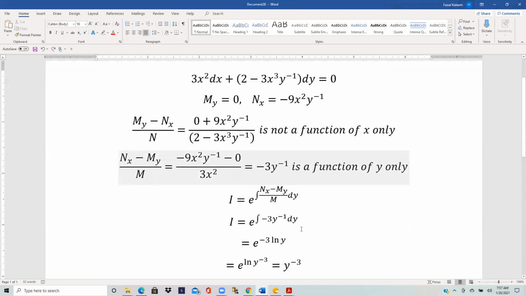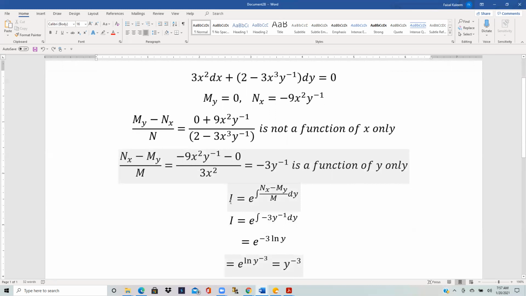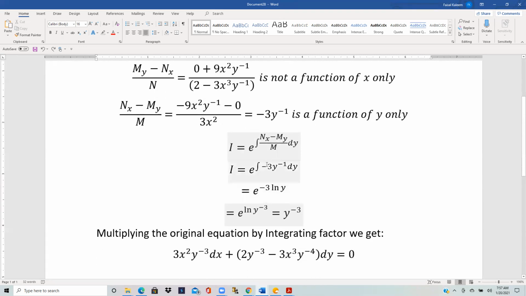And therefore we have that the integrating factor I is equal to e to the power of the integral of this quotient. So this quotient is negative 3y to the negative 1. The integral of that is negative 3 ln y, because y to the negative 1 is 1 over y.